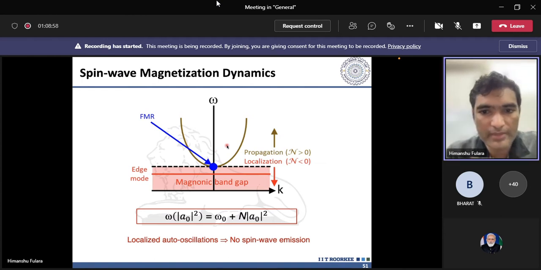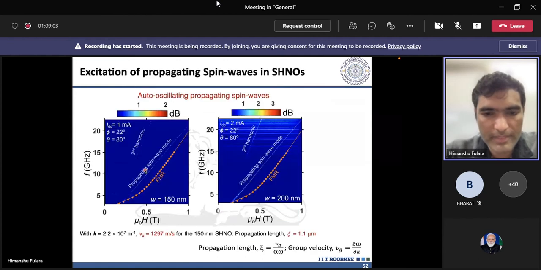Propagating means the spin waves created by these auto oscillations are traveling like a water ripple. When you throw pebbles in a water pond, you see these water waves.